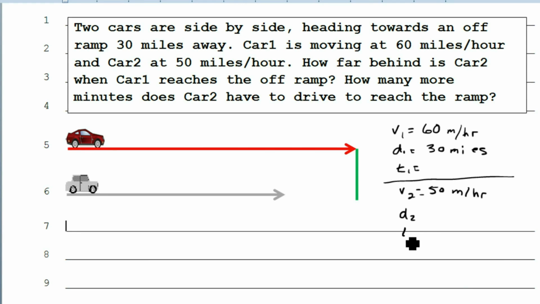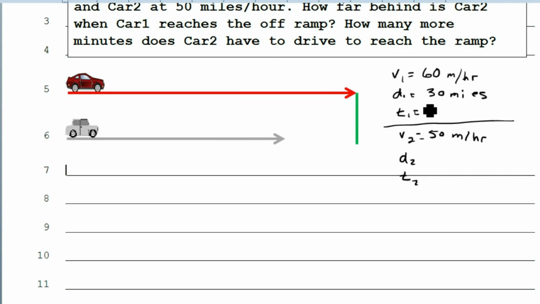And we have D2 and T2. From what we're given, we have D equals VT, and we can calculate the time it takes for car 1 to reach the off-ramp. T equals D divided by V. So that'll be 30 miles divided by 60. T will equal 1/2 hour.